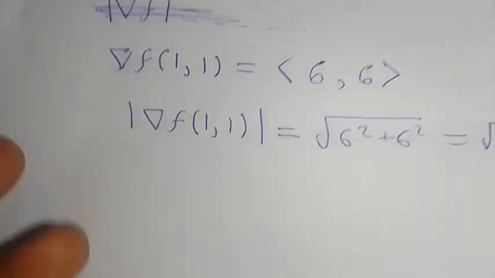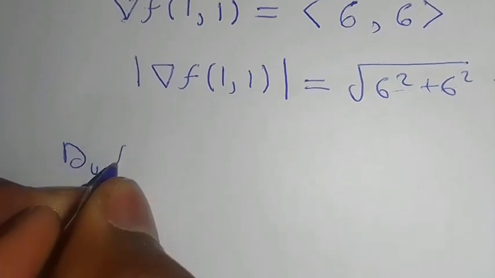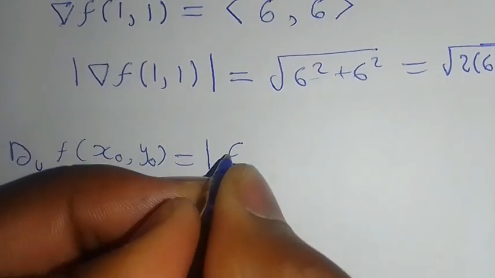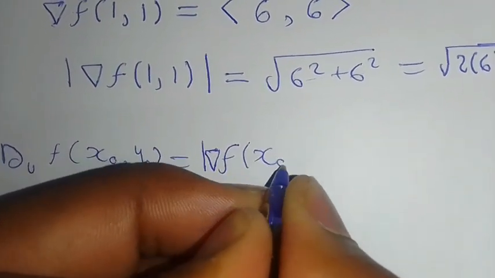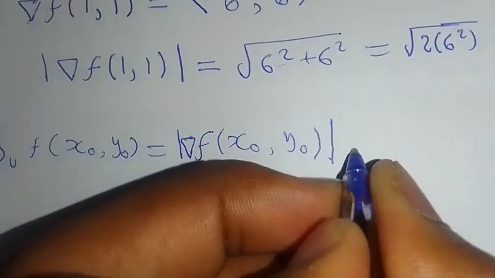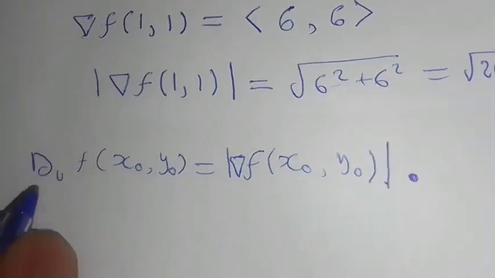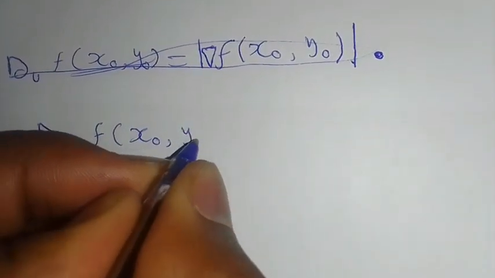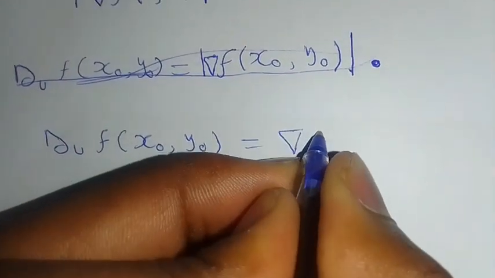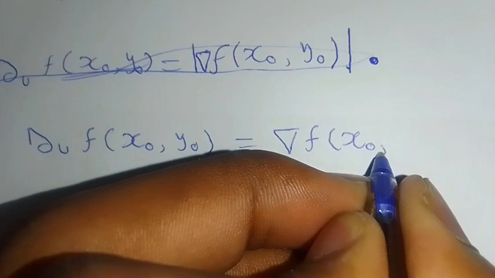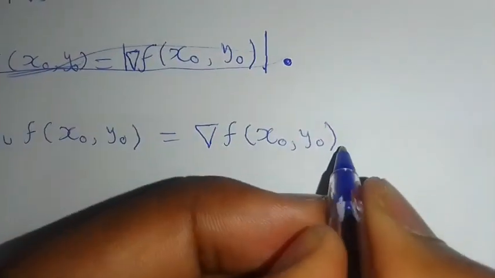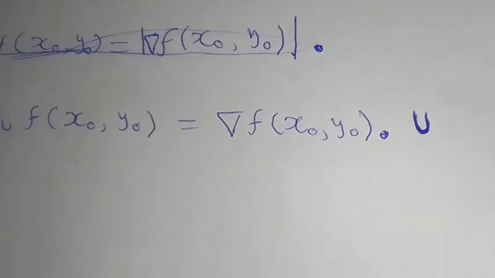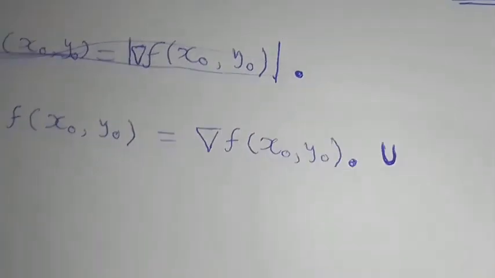So another way you can rewrite this is that Du f at (x naught, y naught) is equal to the gradient vector dotted with your unit vector. That would be your formula for the directional derivative. You can solve it any way you like, it's still fine.